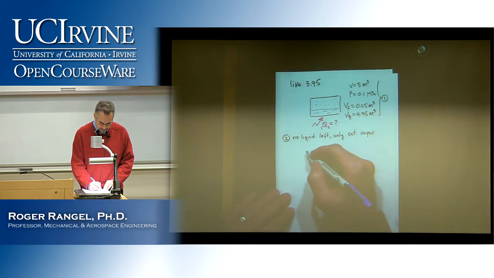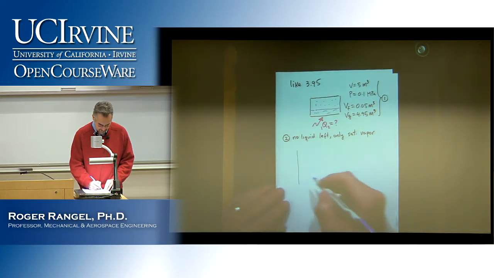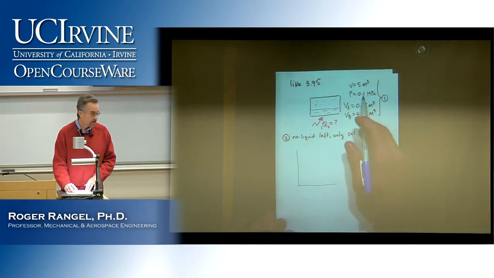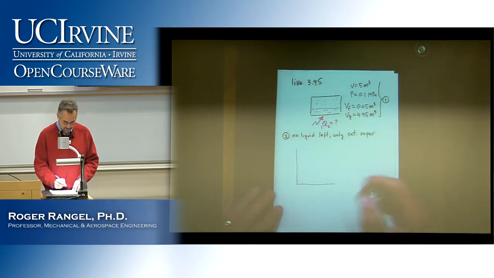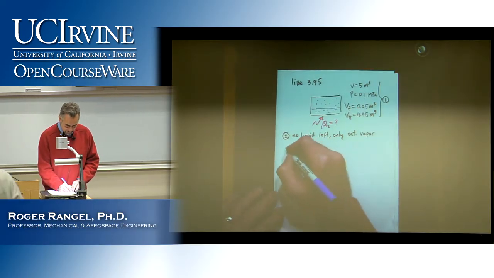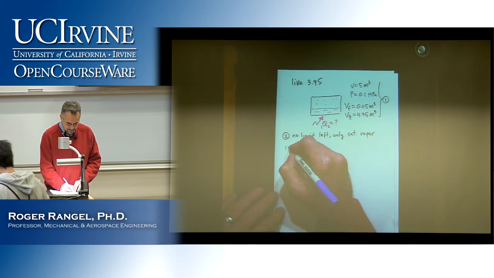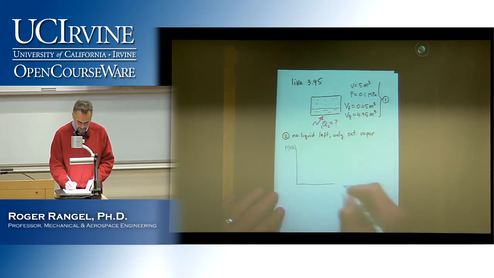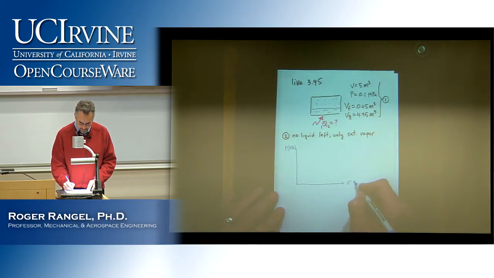So let's say that we are going to do a PV diagram. It makes sense to make it P because we have the pressure, although we could, of course, get the temperature like somebody said. So let's put pressure here, in kilopascals because that's what the tables have. And specific volume here, cubic meters per kilogram.